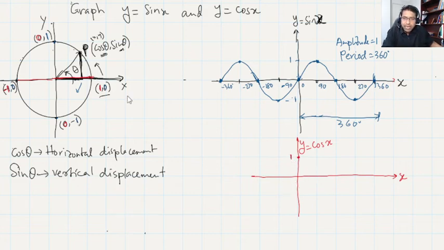Then at 90 degrees you are getting 0, and at 180 degrees you are getting -1, so that's it. Then at 270 degrees you are getting 0 again, so we put 0 here. And then at 360 degrees you are getting the maximum value again, because you are reaching the 0 degree position at the 360 degree position, right?